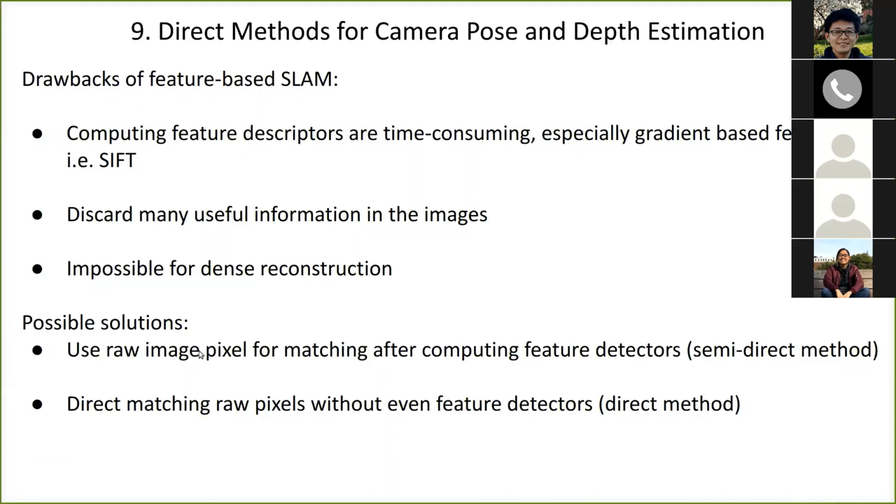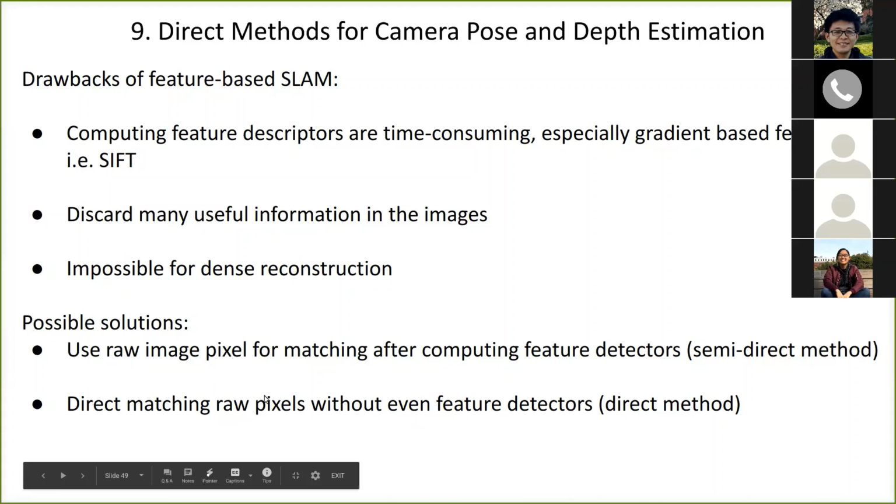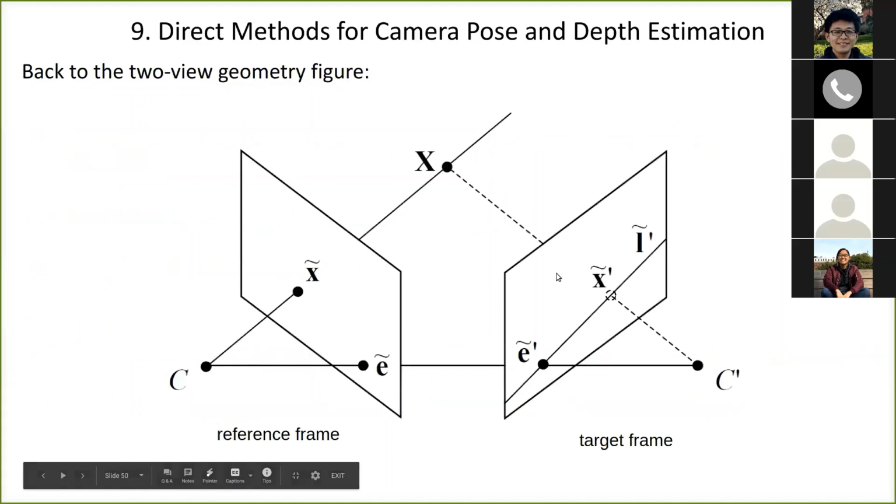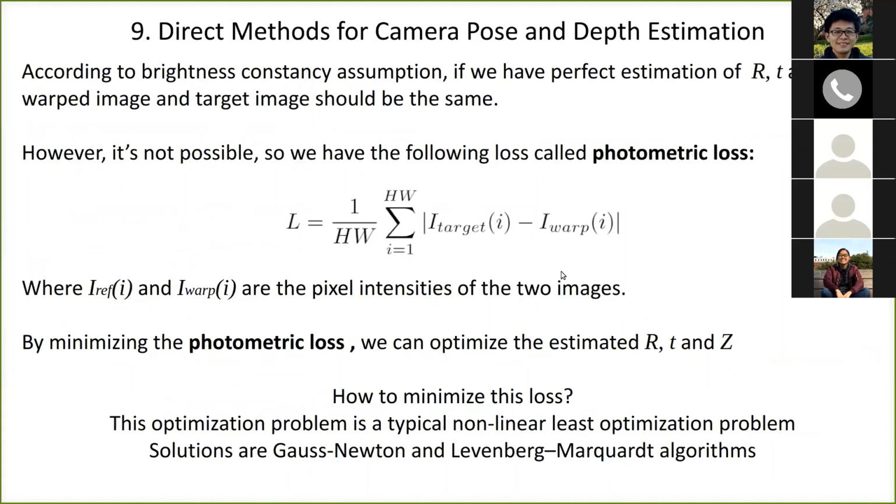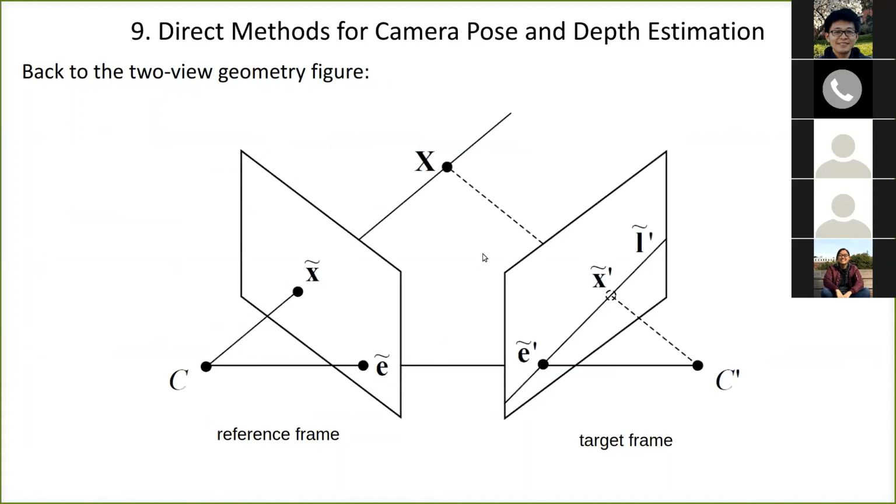In order to do that, we can use the Lucas-Kanade algorithm to compute the descriptors after we detect the interest point in one image. Or we can just directly match the raw pixels without even the feature detectors. This is the goal that we're interested in this part. Okay, so there will be some derivation, but I think this is the last part of the math.